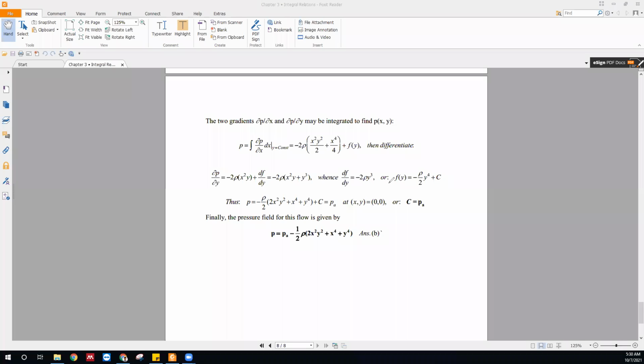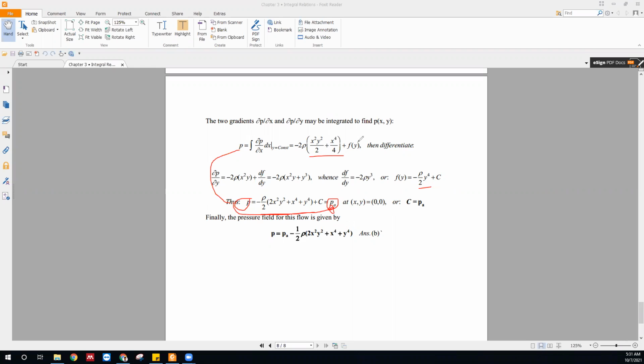If we know that at x, y equals 0, 0, then pressure is PA. So pressure P equals PA, and then we put the values of x and y here. Actually, x and y equal 0, 0. So P equals P, that means P equals PA, right?